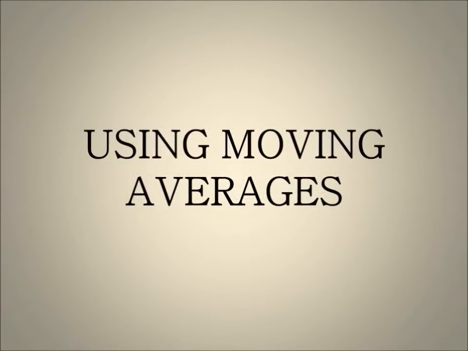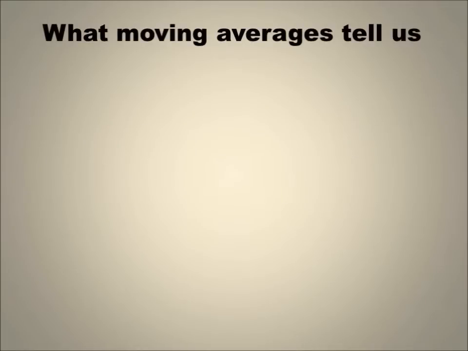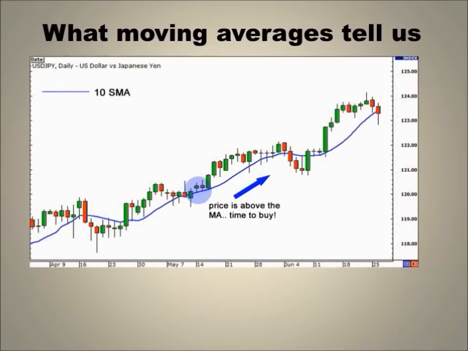Okay, now how do we use moving averages to our favor? Well, here's what moving averages tell us. It tells us where the support and resistance are. So as we can see here, and towards the right, the price is moving above the moving average. So here, some of the candles are above the moving average, some candles are below.